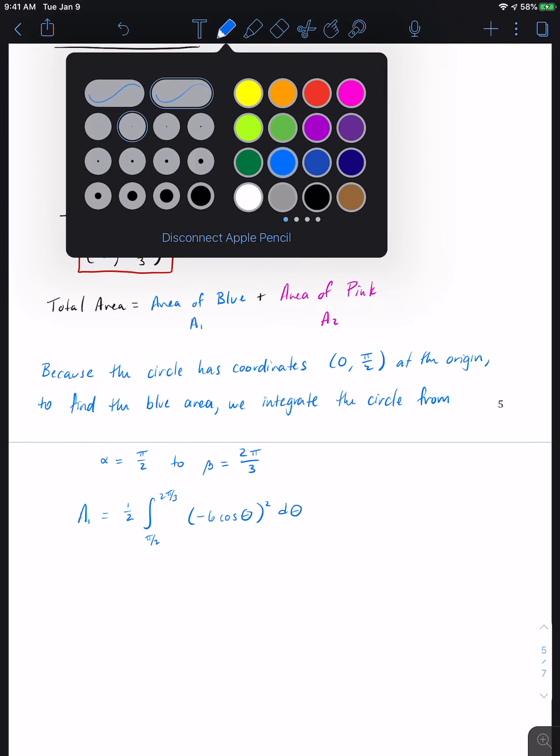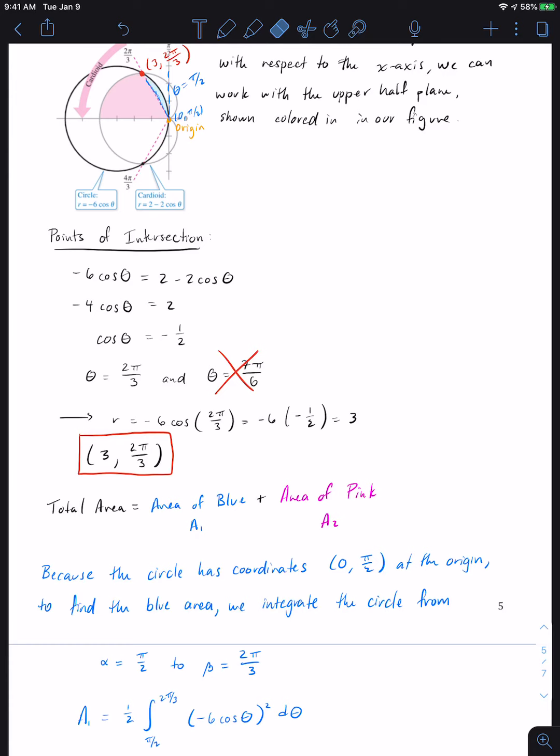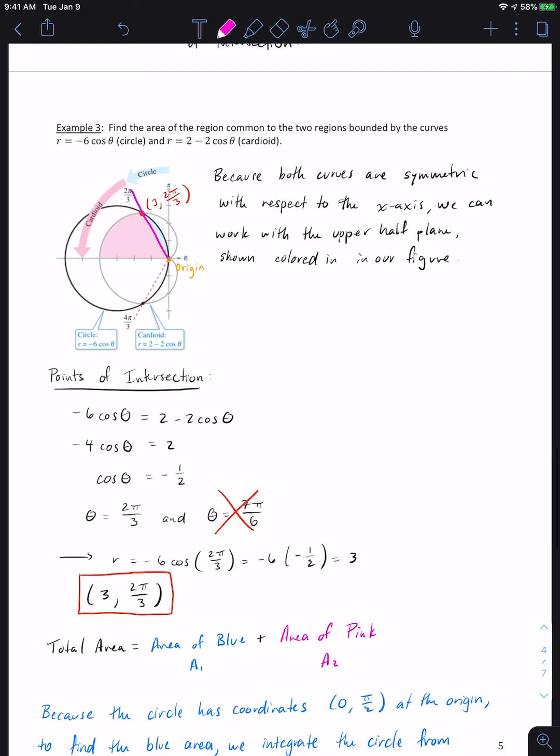So now we're going to talk about the pink. How do we find the area of the pink? Notice if I wanted to find that, I would start at this angle, which is theta equals 2 pi over 3. And where would I go to? I'd go to here, and that angle right here is just pi, the angle from the positive x-axis.